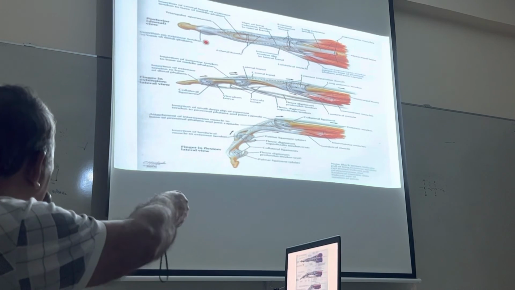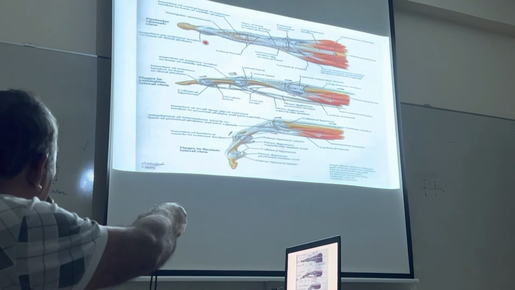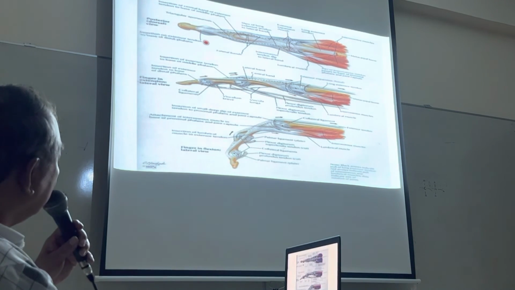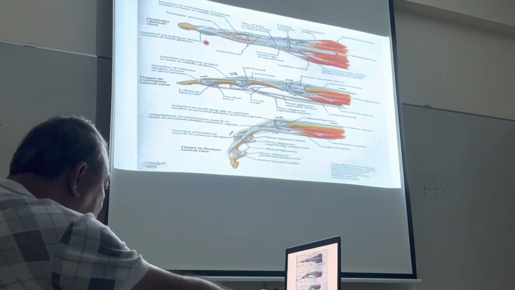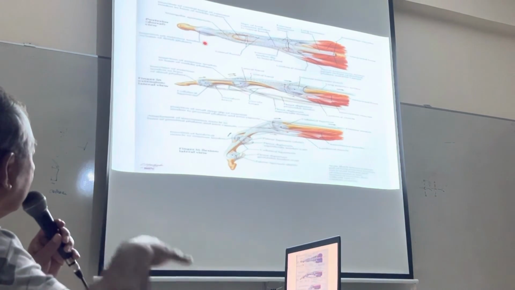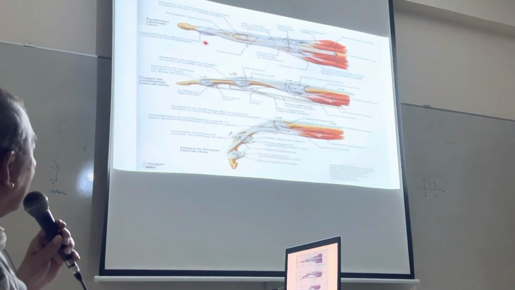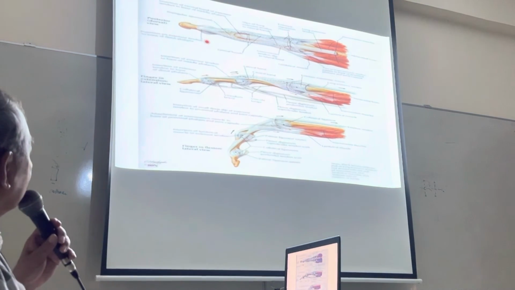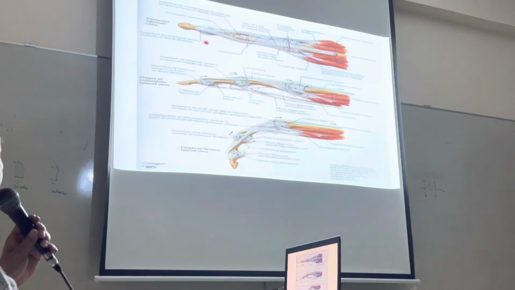It is in the dorsum of the finger, where the fascia becomes thickened. That thickness is called the dorsal expansion, and the tendons will blend with that so-called dorsal expansion.